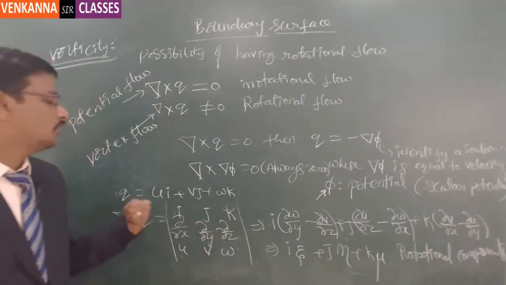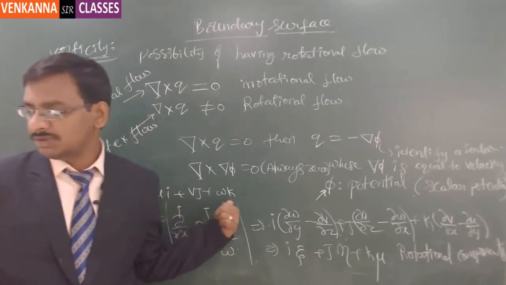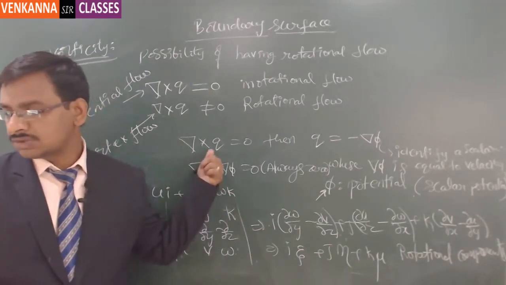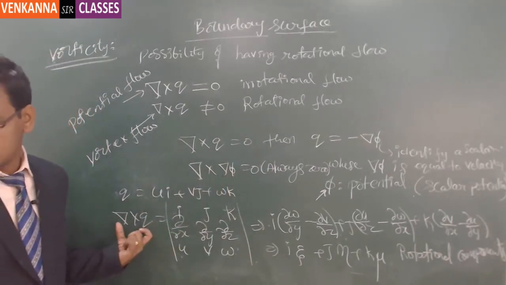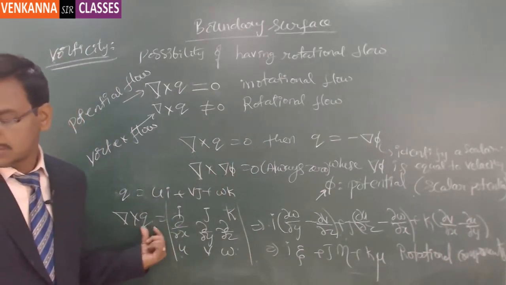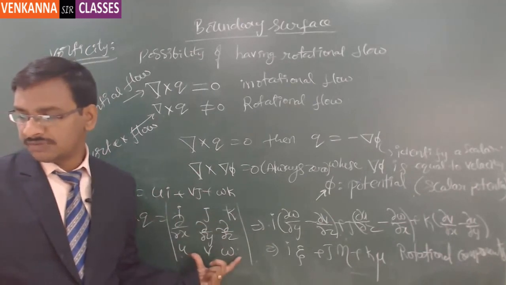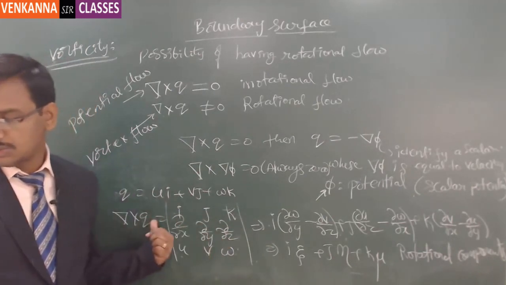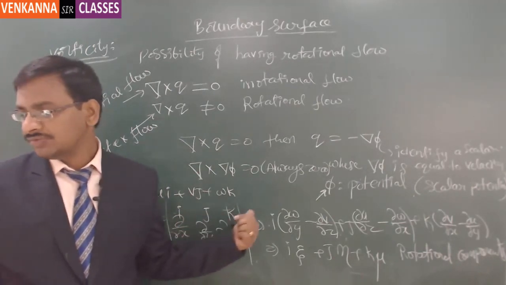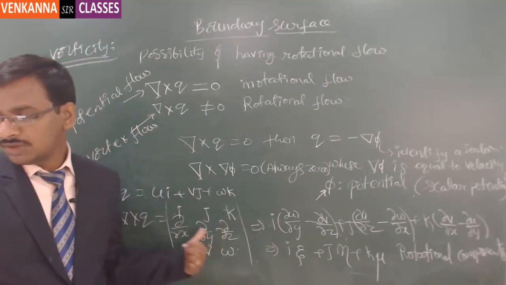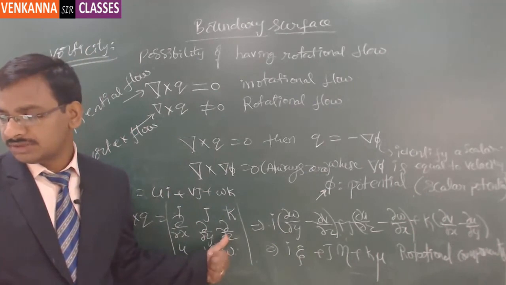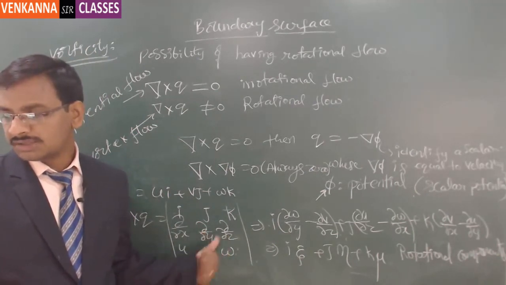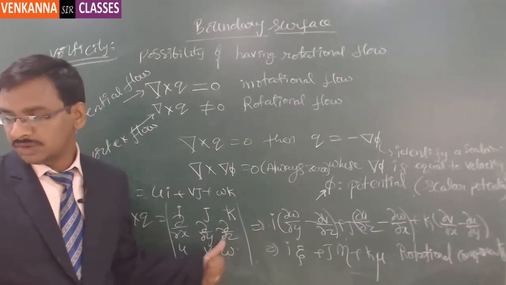See this, q is ui plus vj plus wk, and del cross q is nothing but the vortex components. So del cross q, you have just done the determinant of it, which is nothing but the del cross q value mathematically. Now i into (dou w by dou y minus dou v by dou z).